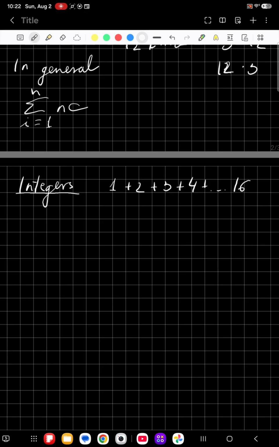So the way we would write it would be something like this: i goes from 1 to 16, and I would put that i here. And then we just write 1 plus 2 plus 3, all the way to 16, the same way as we did over here.